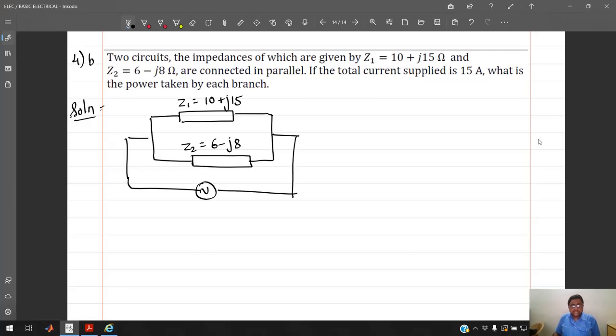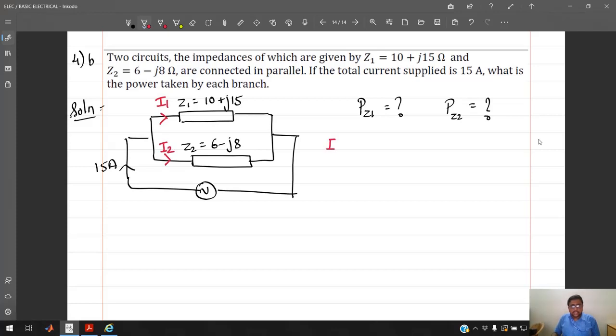So Z1 and Z2 are connected in parallel. If the total current supplied is 15 ampere, what is the power taken by each branch? That means what is the power taken by Z1 and what is the power taken by Z2 is what they have asked. Now this is very simple, like how you calculate branch current in a DC circuit. Let me consider this as I1, this as I2.